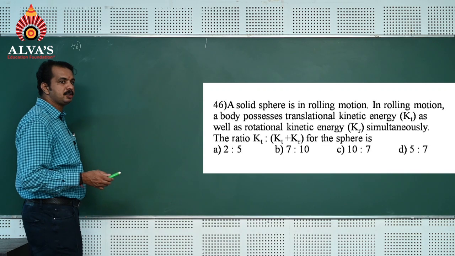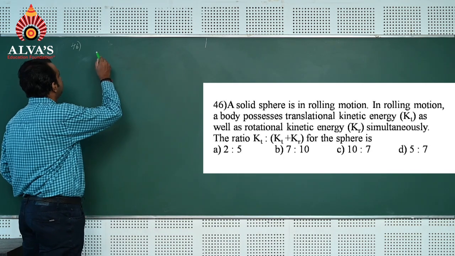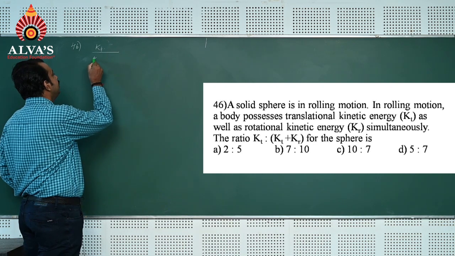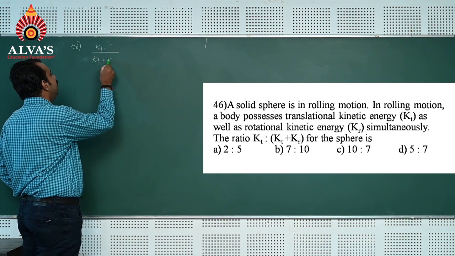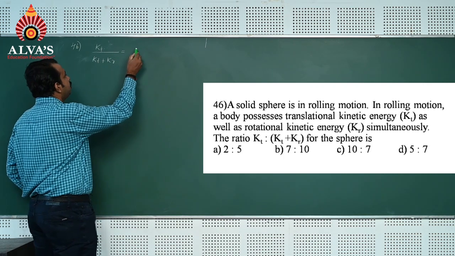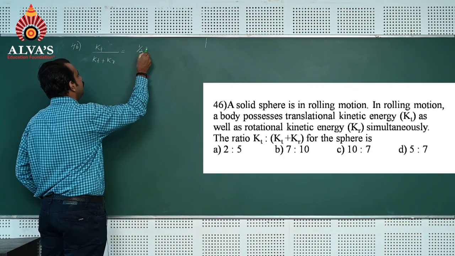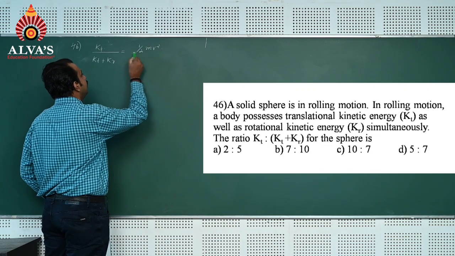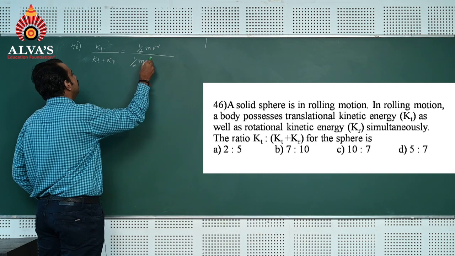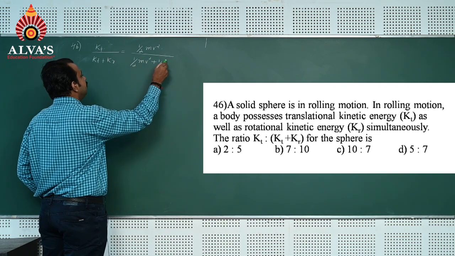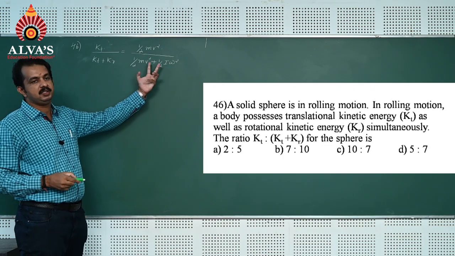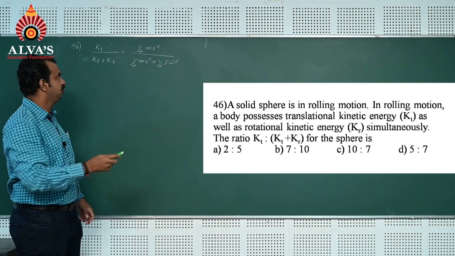So the question asked is KT divided by KT plus KR. KT, kinetic energy due to translational motion, is half mv square, divided by half mv square plus half I omega square. You know about this; this is the energy due to rotational motion.